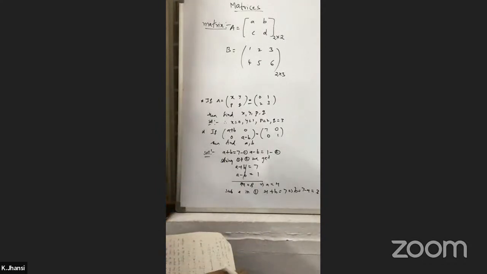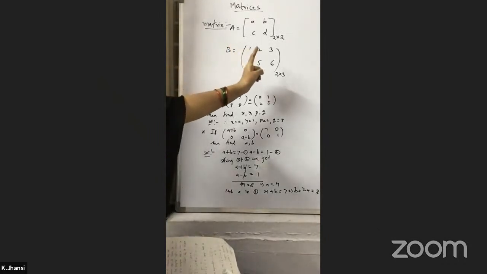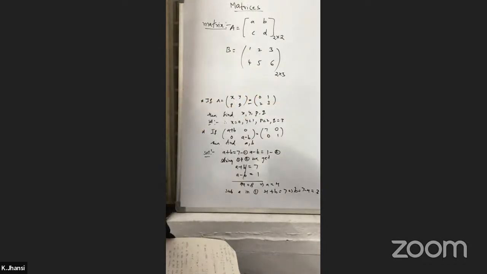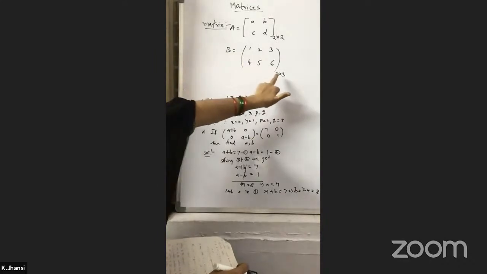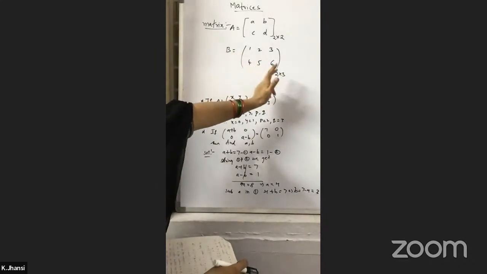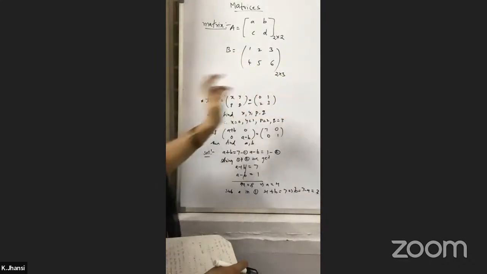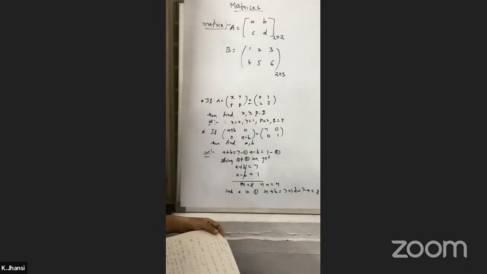Okay. Addition or subtraction of two matrices is possible only when they have the same order. Okay. So if they have 2 by 2 order or 3 by 3 order, that means a square matrix, where rows and columns are equal. Why?